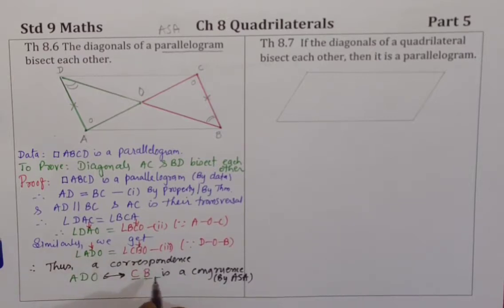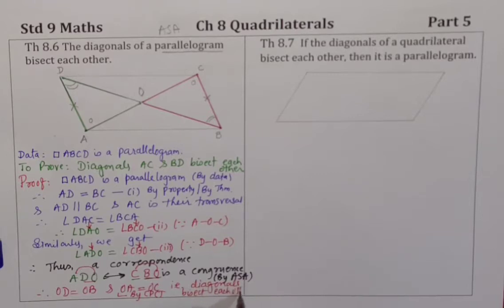D corresponds to B and the last is O. Therefore, now you can say OD equal to OB and OA equal to OC, i.e. diagonals bisect each other. Proved. Clear children? I hope so.